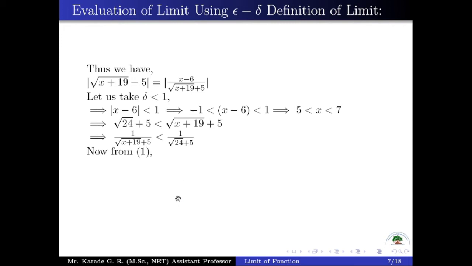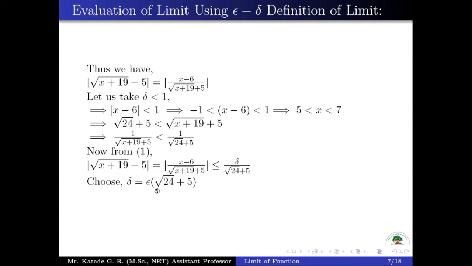Now from equation 1, this is our equation 1, and see here the term mod of x minus 6 is less than delta, that is given to you, and this term below is less than 1 upon square root of 24 plus 5. So what will be the choice of our delta? Choose delta equal to epsilon into square root of 24 plus 5.